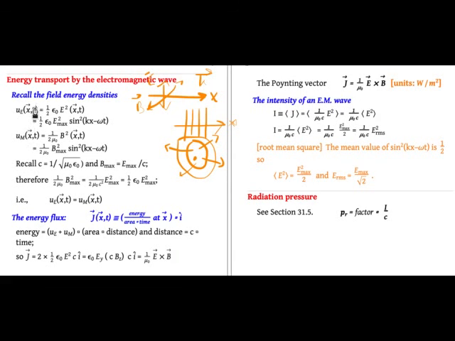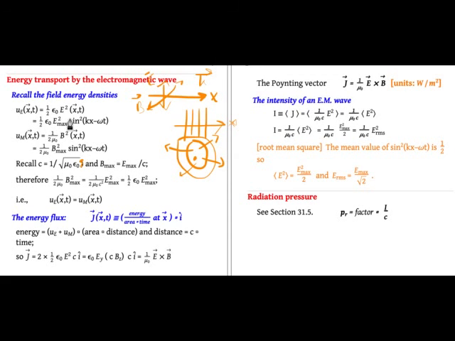Now I have certain relations between the various parameters. For example, c is 1 over the square root of mu 0 epsilon 0. And also, B max is equal to E max divided by c.